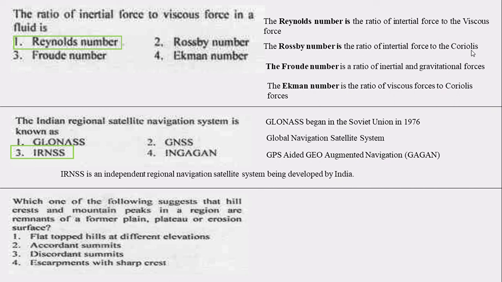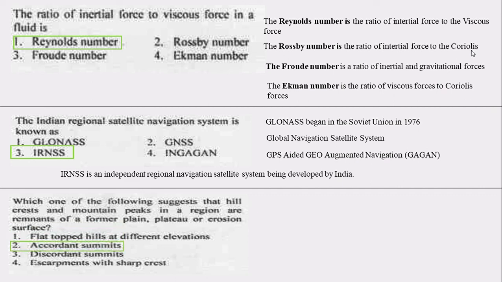The discordant summits, and that also may not be the regular evidence for the erosional residual mountain. The escarpment with sharp crest, and that could not be the answer. And the accordant summit, that is the tops of the hills of almost the same height, and that is the answer.